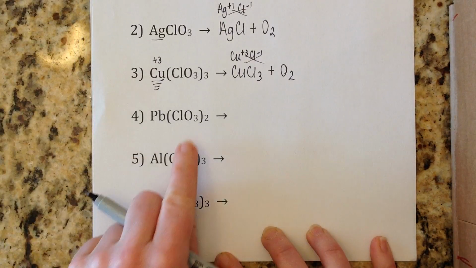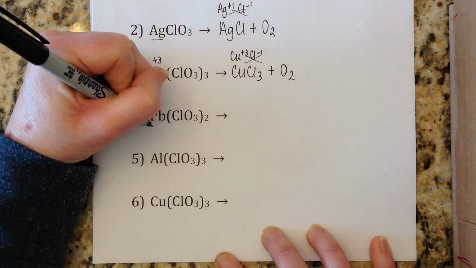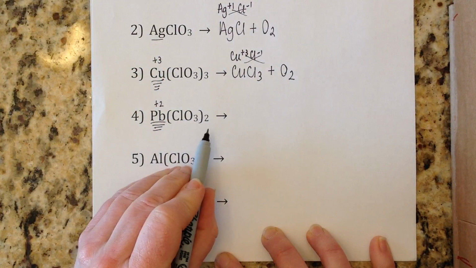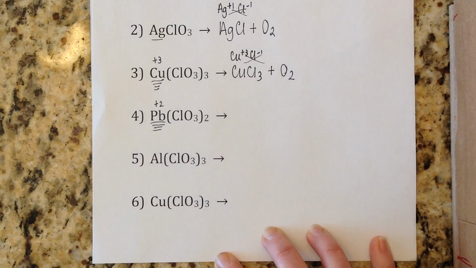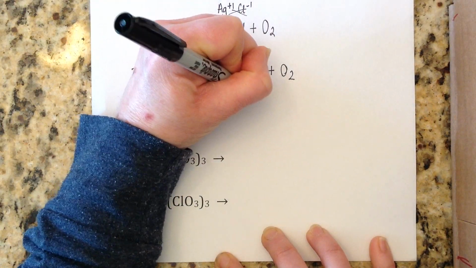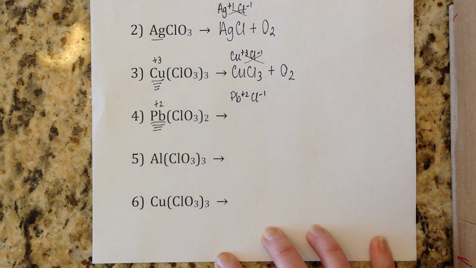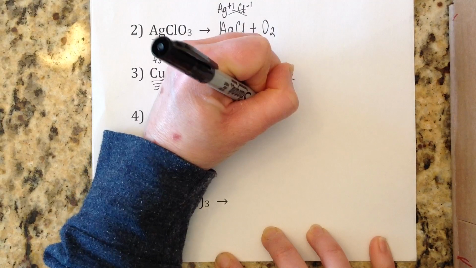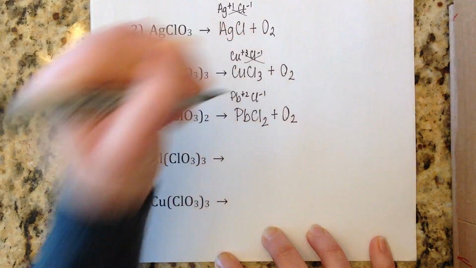Number 4, this is lead 2 chlorate. I know it's lead 2 because the 2 had to have come from up here. So I'm going to crisscross lead with a +2 with chloride, which has a -1. That is PbCl2 plus O2.